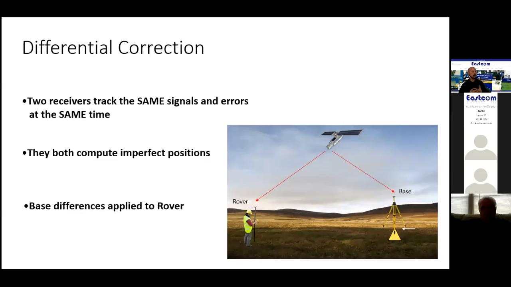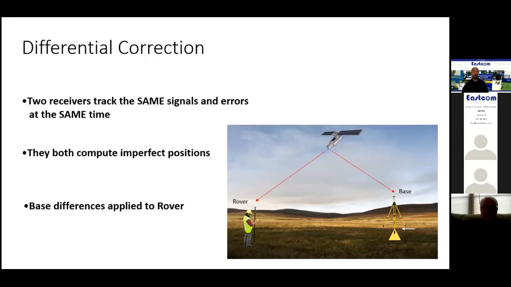They calculate that and say, okay, well, this satellite is off by this much. Now, I'm out in the field, and I can say, okay, well, I want to tie into that base station, figure out what that correction is. Now you have the capability of going down to sub-foot and even possibly centimeter level accuracy.